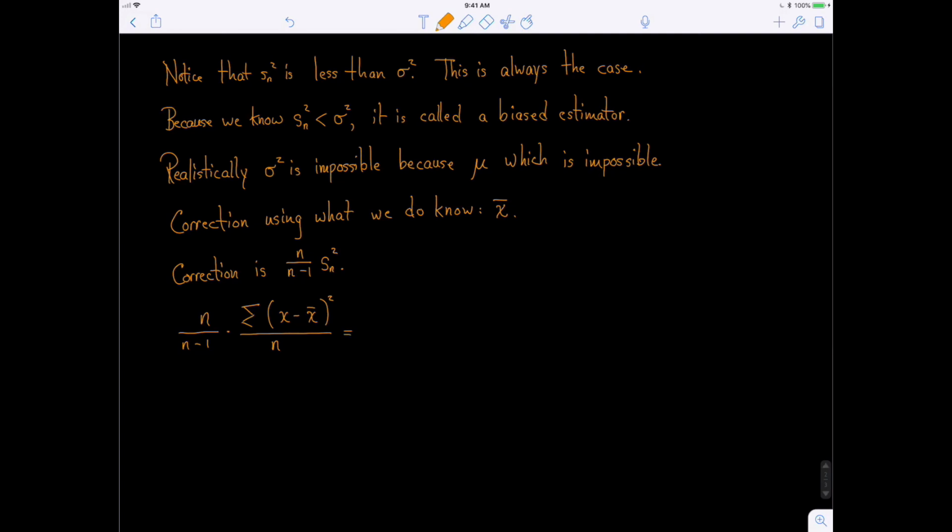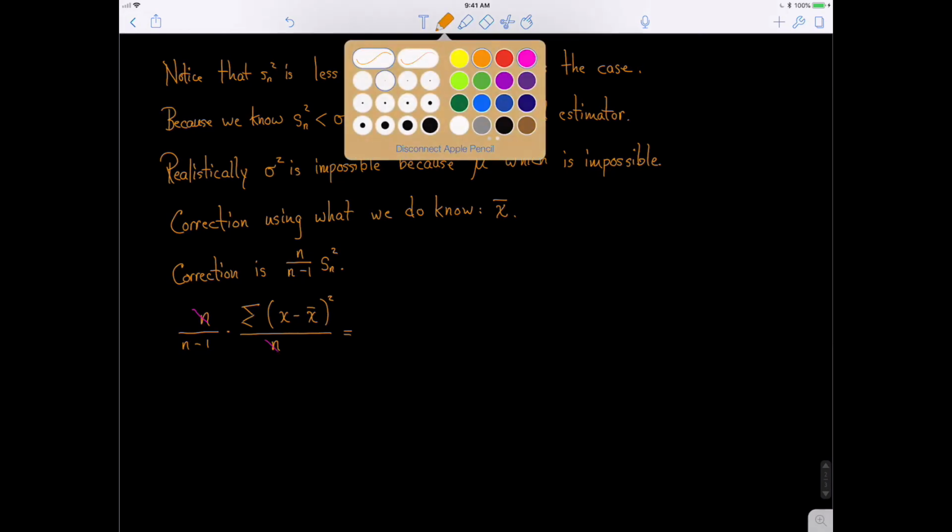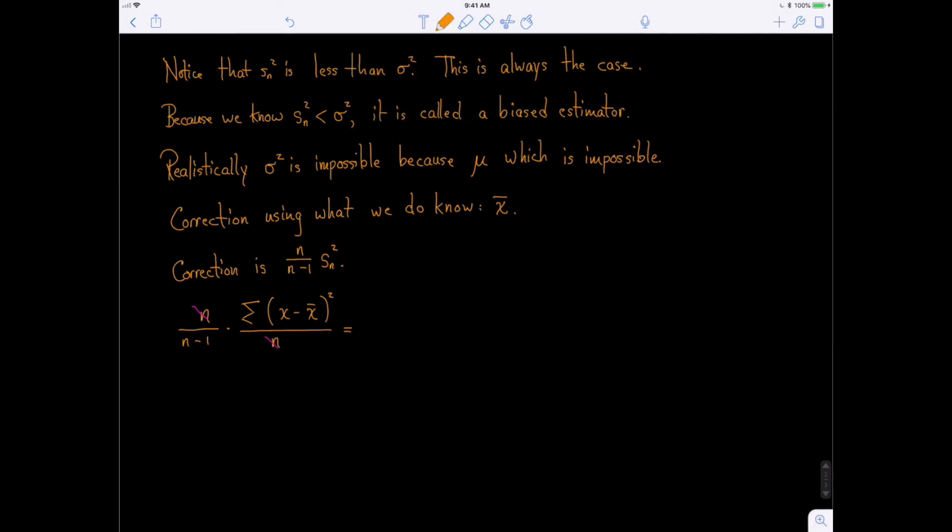So what happens then, you probably can already see this, is that the n's cancel, and so our final result is the sum of x minus x bar squared divided by n minus 1.